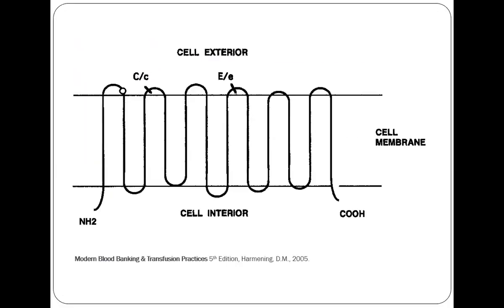So here's a nice picture, so you can see that here is our Rh protein that's traversing the cell membrane 12 times, and it is those short loops at the top that are going to be the sites for our antigens.